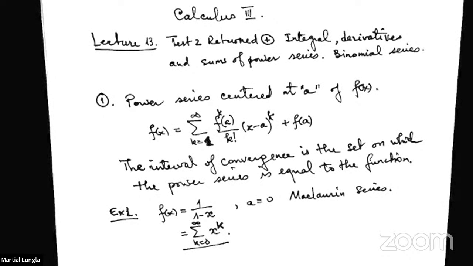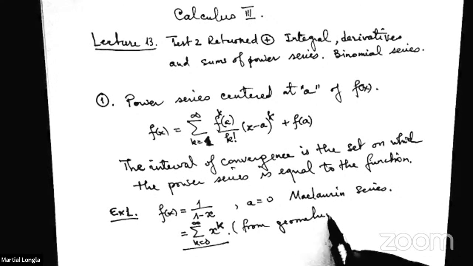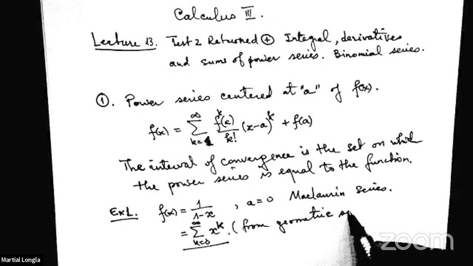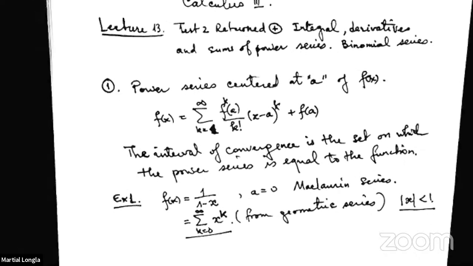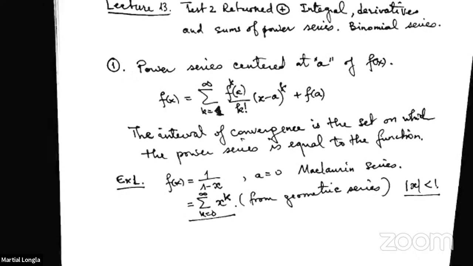We know this from geometric series, right? And we know that that equality is true for absolute value of x less than 1. So this is the interval of convergence of that series.